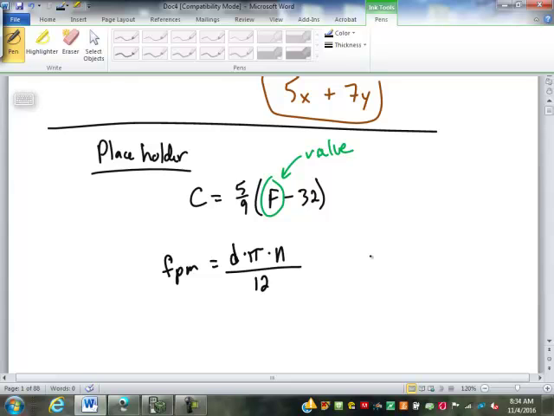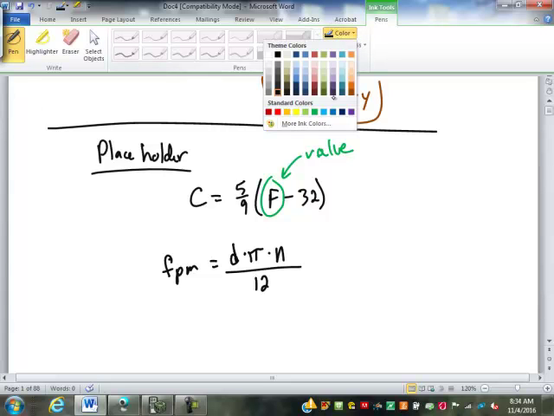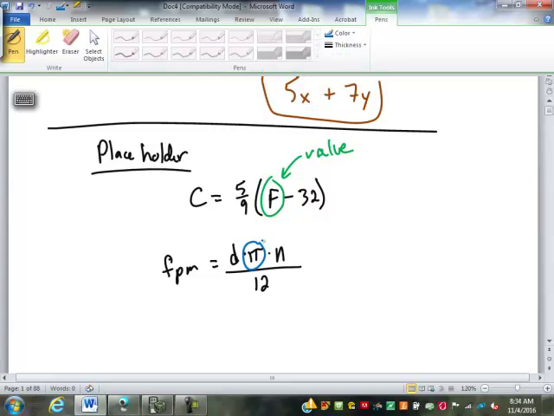Because your diameter would be given in inches generally. So again, pi of course is a number. That's a constant, it's just a symbol for a constant. But diameter and RPM are both waiting for numbers to be put in there so that we can calculate out our result here.